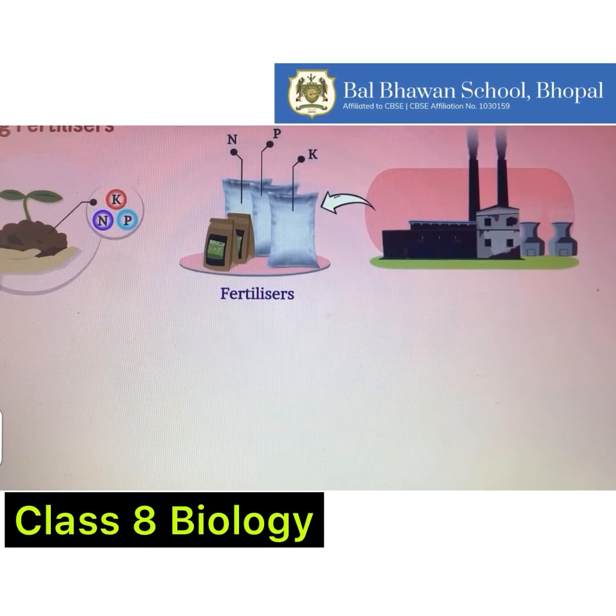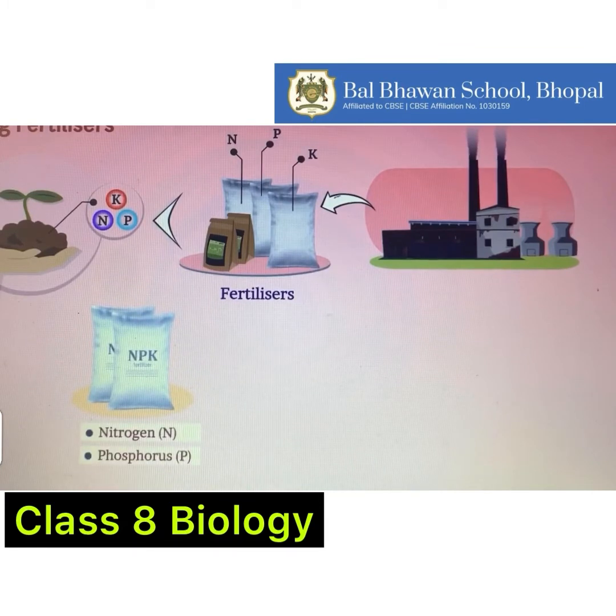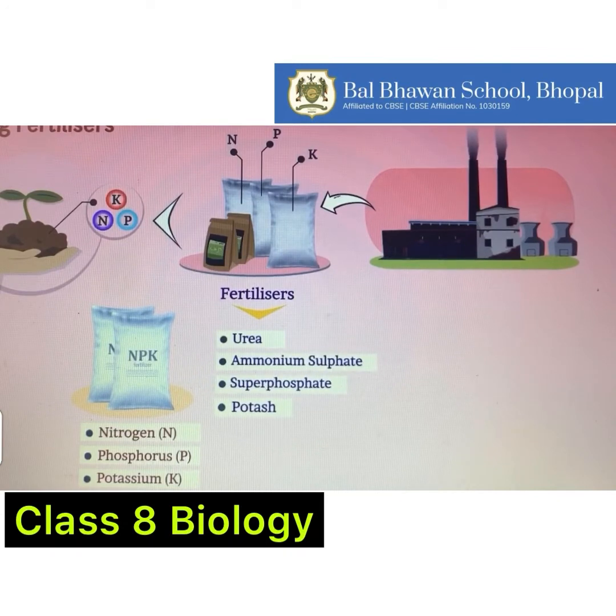These are used to enrich the soil with nutrients like NPK. NPK means nitrogen, phosphorus and potassium nutrients. Other fertilizers are urea, ammonium sulfate, superphosphate, potash, etc.